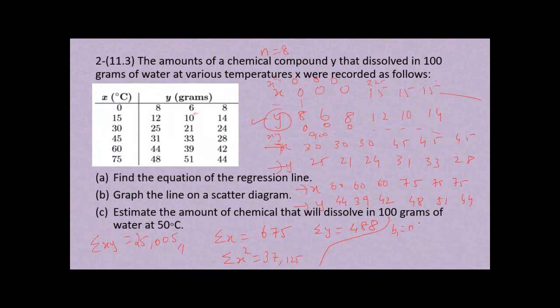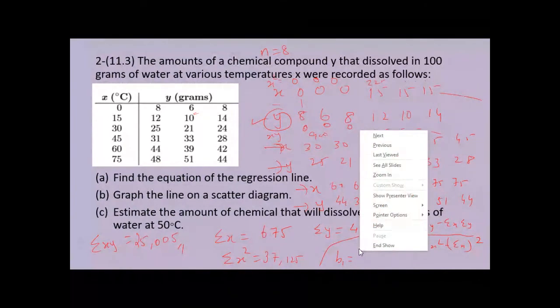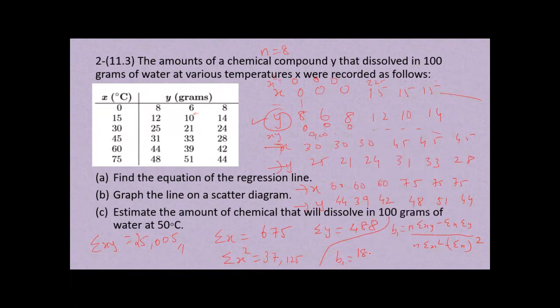Now using this information, we can find B1. B1 is n times summation xy minus summation x summation y, divided by n times summation x square minus summation x whole square. N is 18.